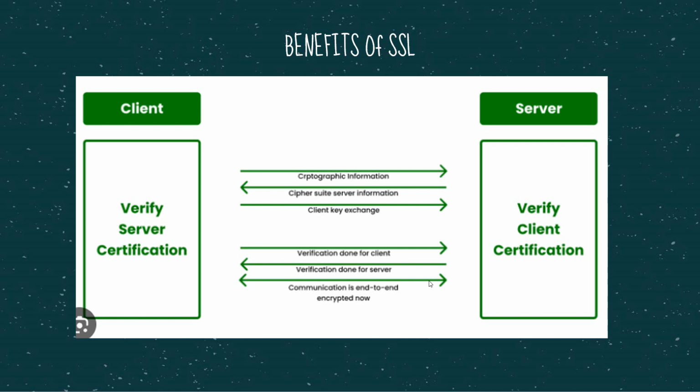And that will be validated again by the server and exchange the key. It's a private key which we will be generating. Once the verification is done for the client, then the data is transmitted to the server. On the client side, the certification is validated, then it gives back the data from the server.